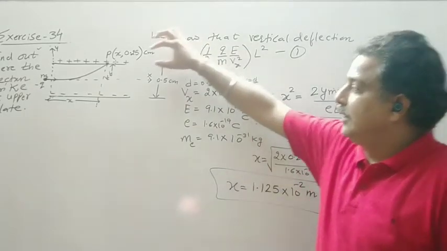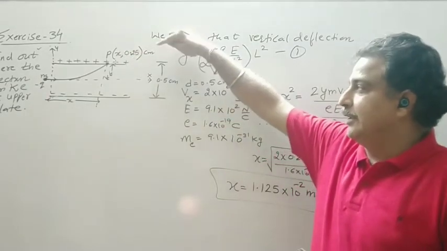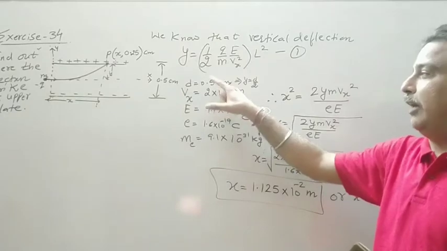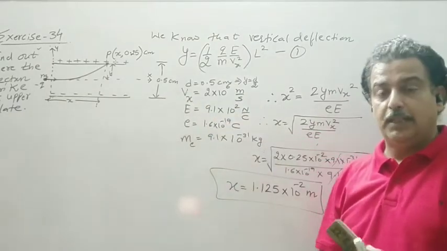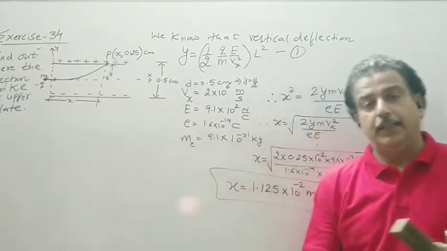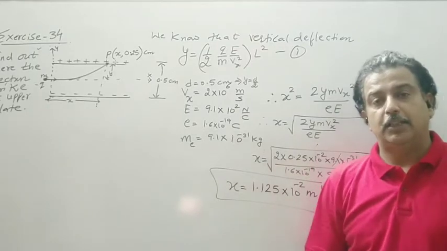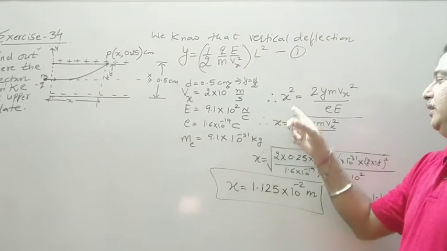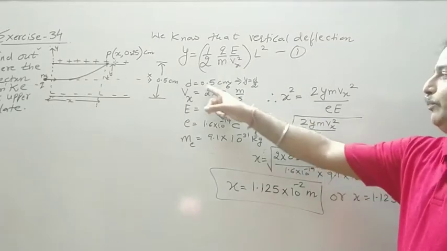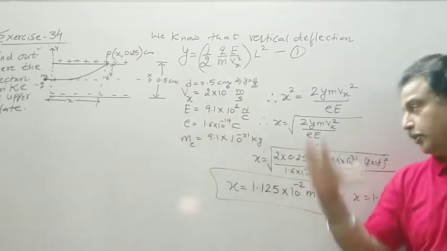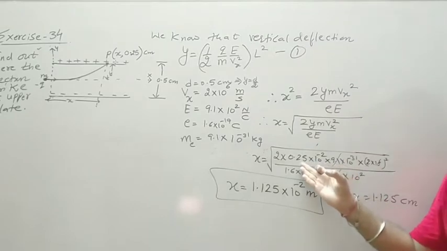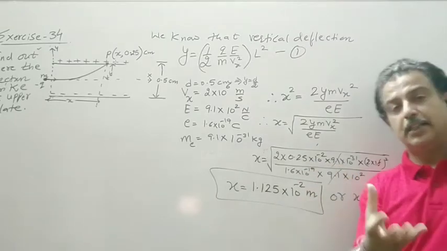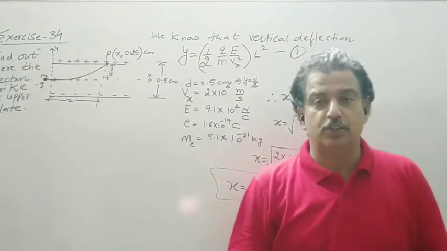So here the deflection along the y-axis or y coordinate should be half of the distance between the two plates. However, in the answer of the textbook, they have taken this y as 0.5 centimeter. So if you substitute 0.5 centimeter here for y, then you will get the answer as given in the book, which is not correct.